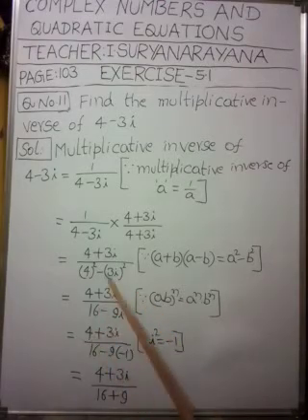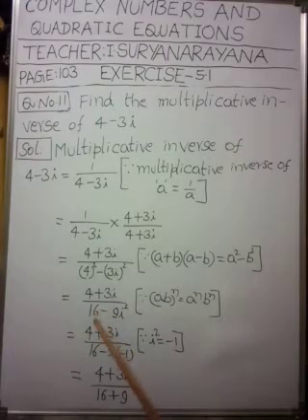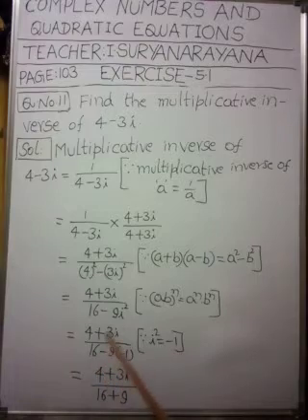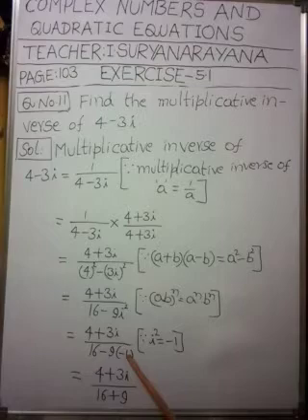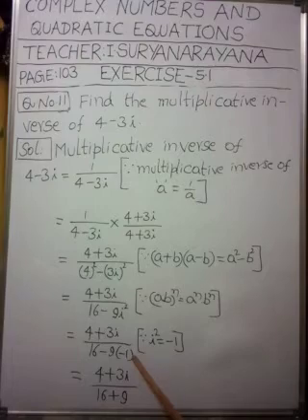Right. That is equal to, we write the numerator as it is, 4 plus 3i, divided by, come to the denominator, we write the first term as it is, 16 minus 9 into, what is the value of i square? Minus 1. Since i square is equal to minus 1, we are substituting this value in the place of i square. Understood this part, my children, in the denominator? Right. Understood this step, my children? Right.